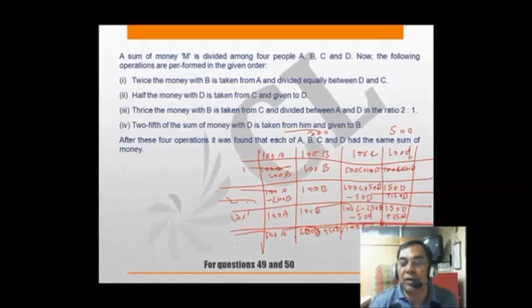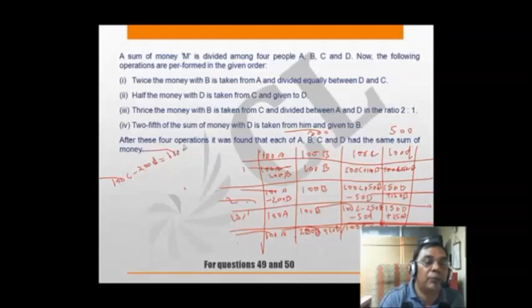Now I converted 100C minus 200D. Now if I convert it again, I'll convert everything into D. So 90 is equal to 180D.